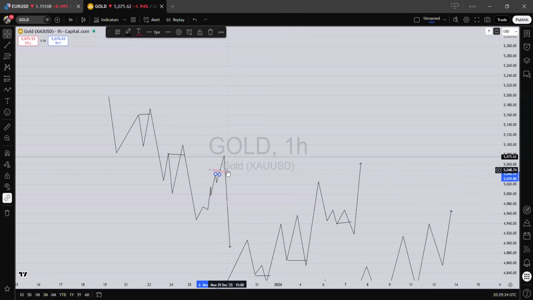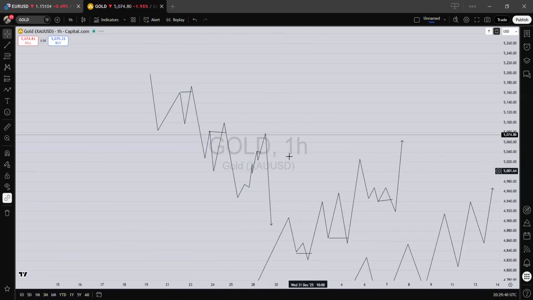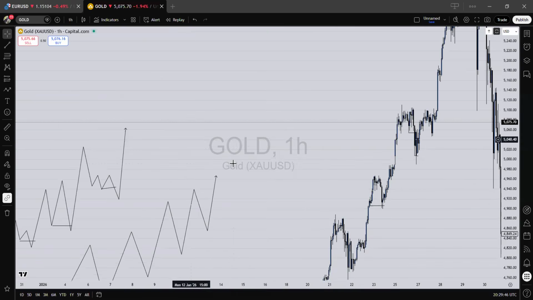I know that there are inducements and there are internal liquidities. I'm calling them in general form. Every sell side liquidity is important in the bullish trend, and every buy side liquidity is important in bearish trend. Okay, taking that into account.